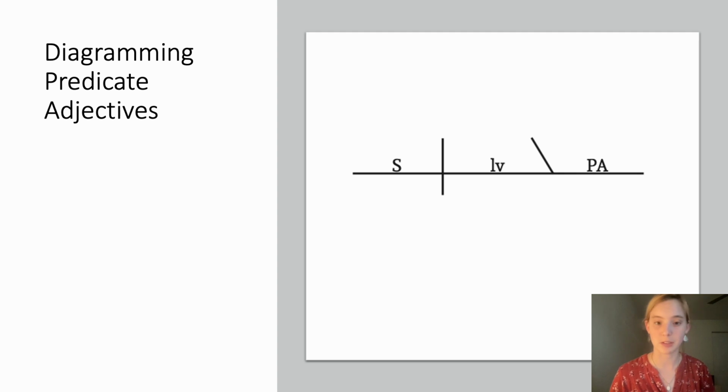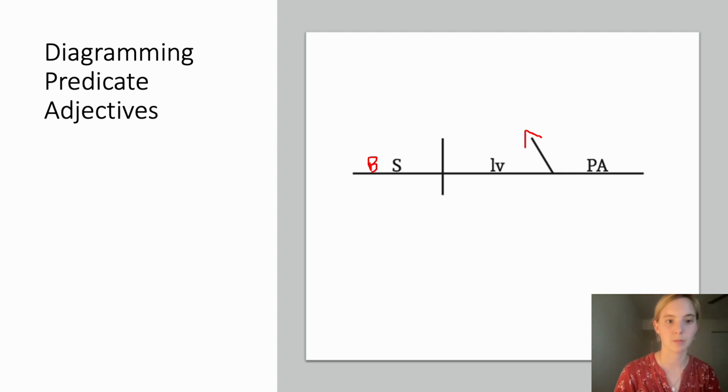Diagramming predicate adjectives is very similar to diagramming predicate nominatives. In the subject box, you have the subject and the line, then a linking verb, and then just like predicate nominatives, a slanted line right here. That slanted line, just like with predicate nominatives, I tell students to think about it like an arrow pointing back to the subject. So going back to that first sentence, the book was dusty.